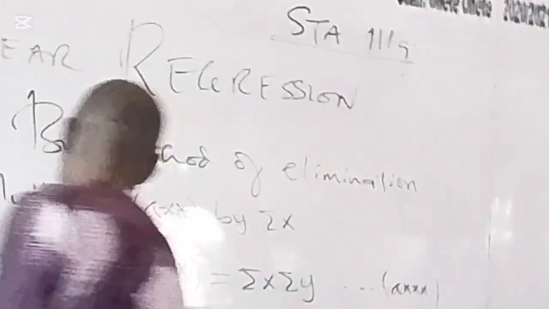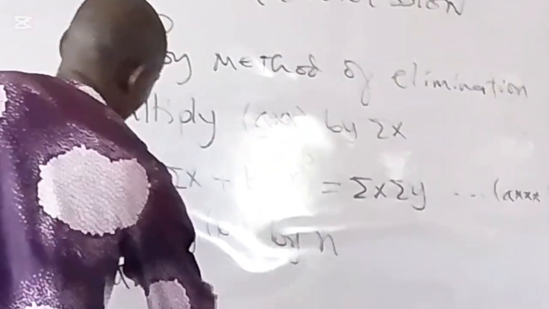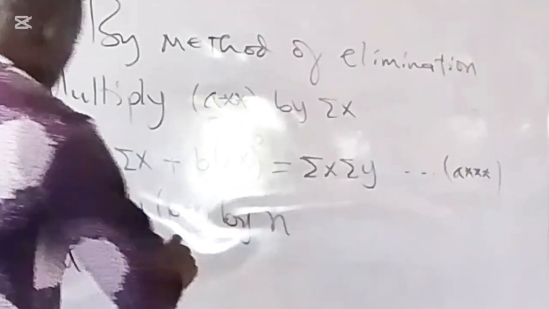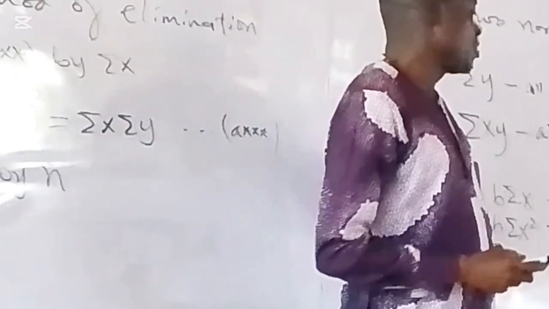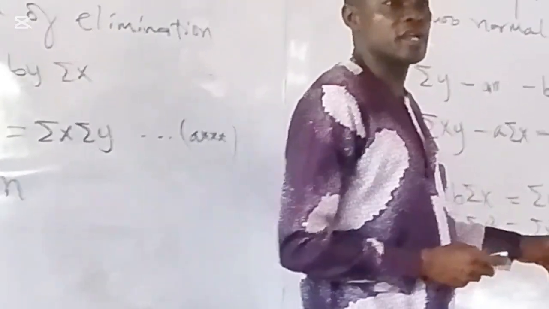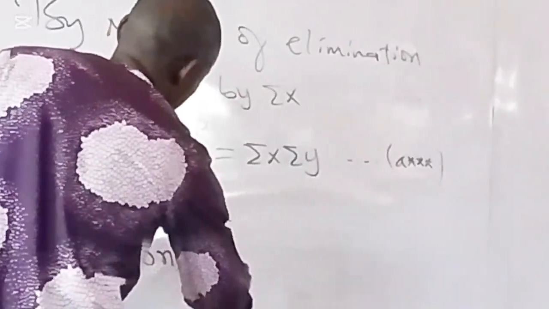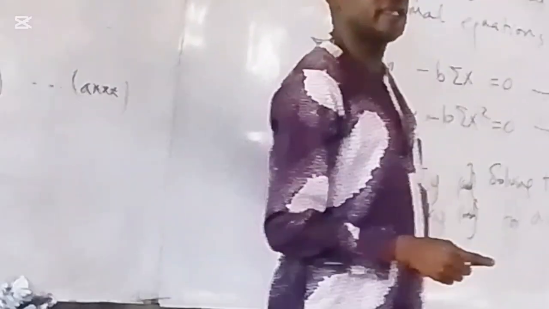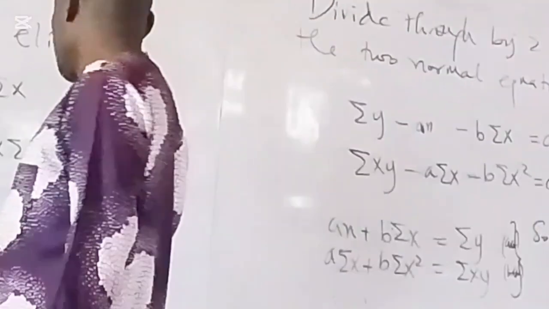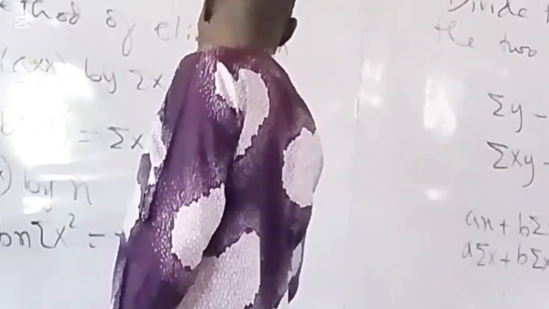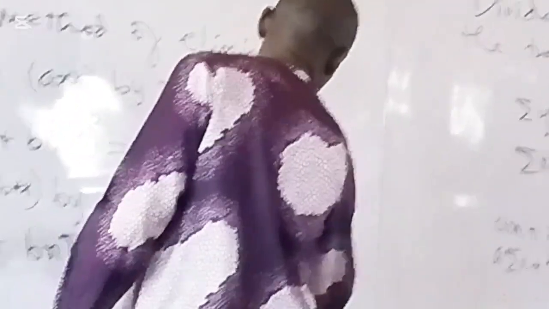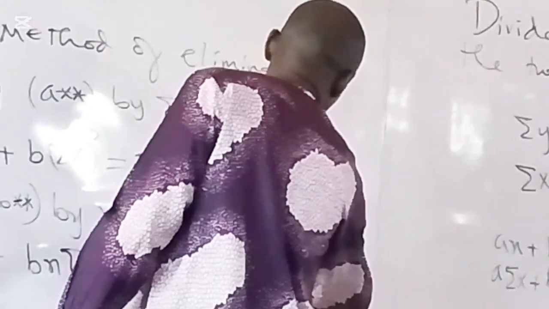We will have A n sum of x plus, remember we are multiplying this one by n, B n sum of x squared, equal to n sum of xy. This is B triple star.